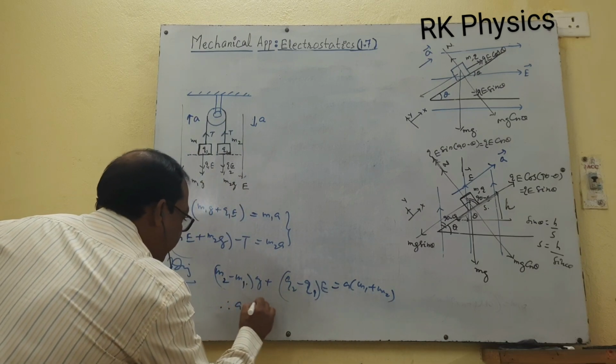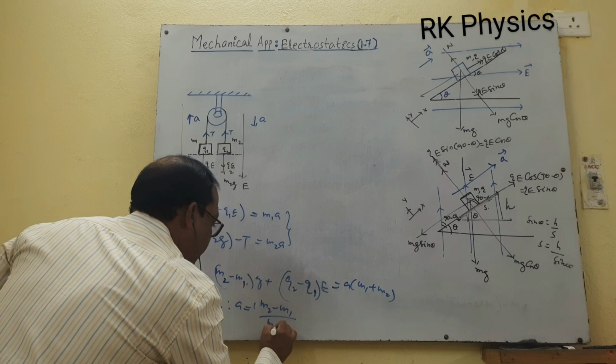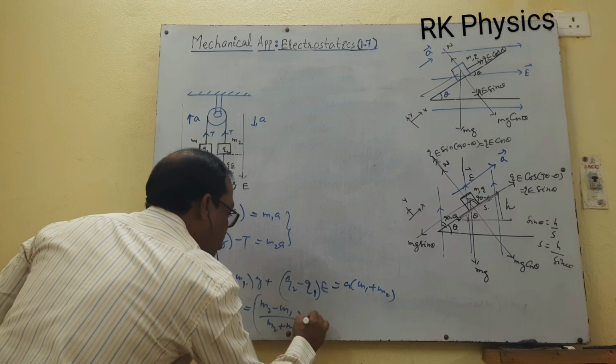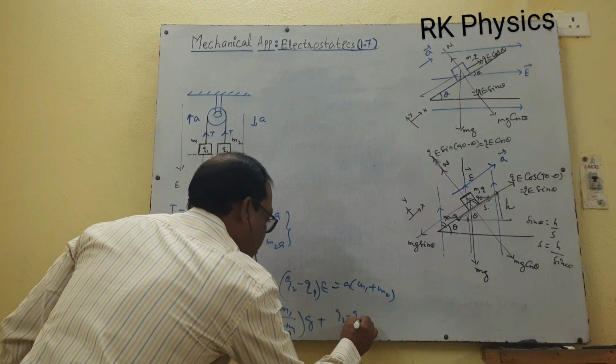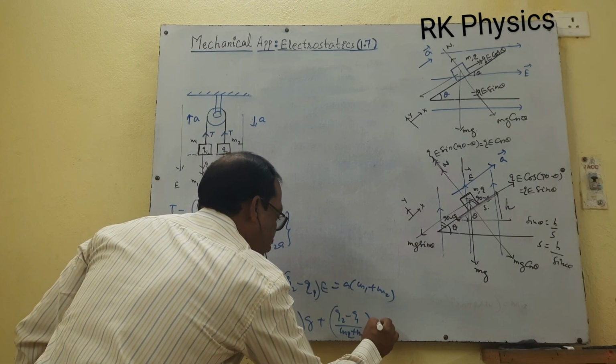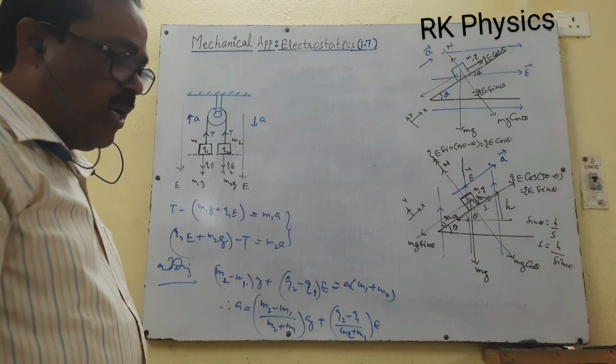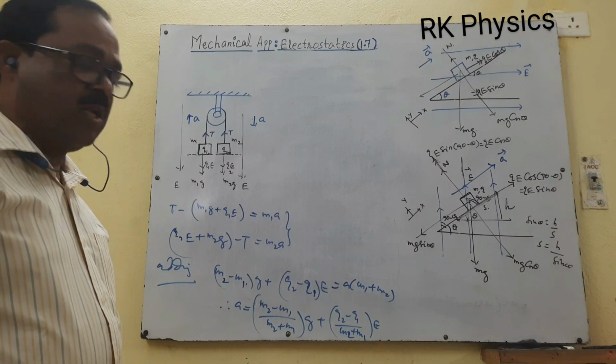So a equals (m2 minus m1) by (m2 plus m1) whole into g, plus (q2 minus q1) by (m2 plus m1) whole into e. So in this way you can calculate the values of acceleration, and the other properties can be calculated.